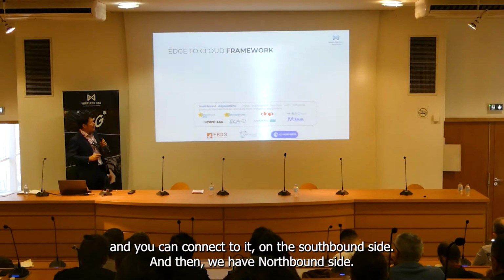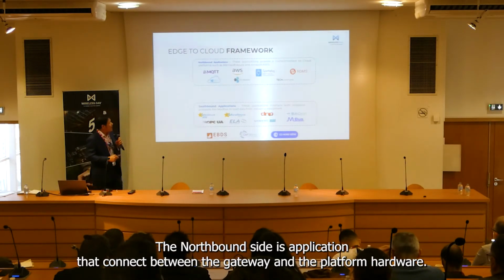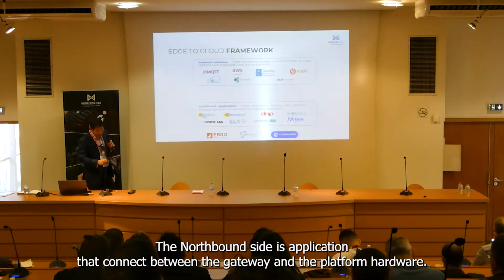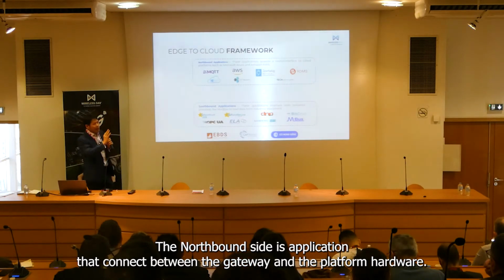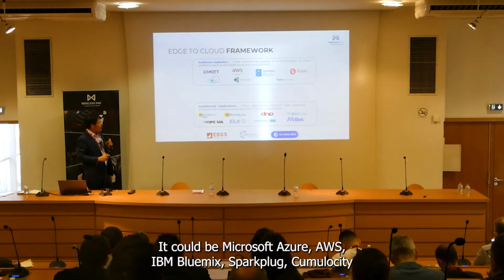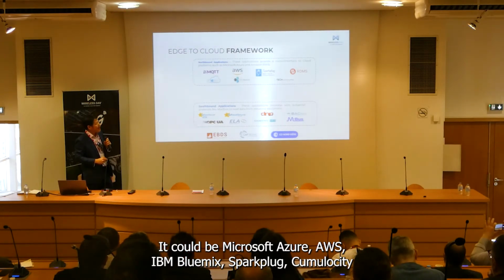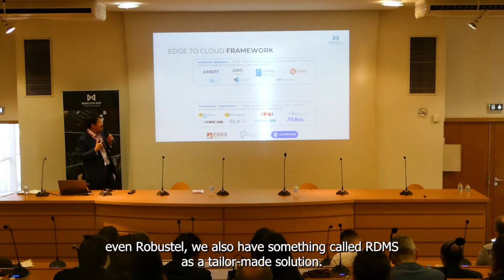And then we have the northbound side. The northbound side is an application that connects between the gateway and the platform upward. It could be Microsoft Azure, AWS, IBM Bluemix, Sparkplug, Cumulocity, even Robustel. We also have something called RDMS as a tailor-made solution.